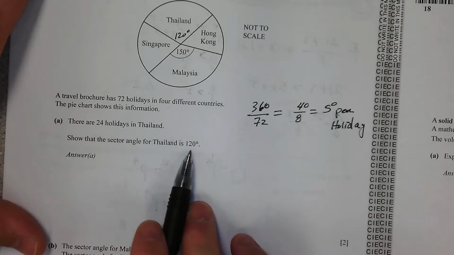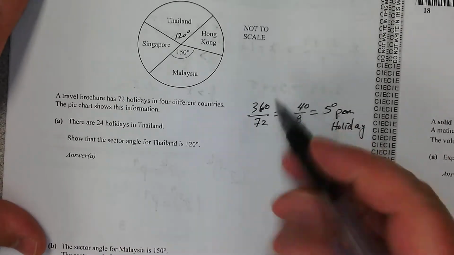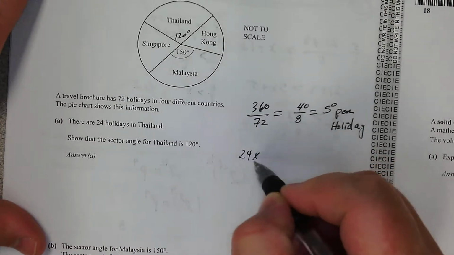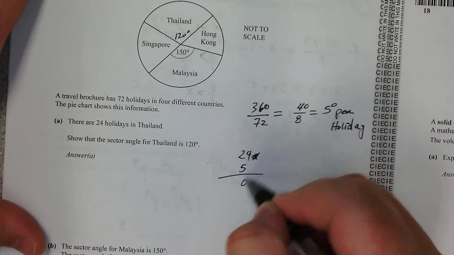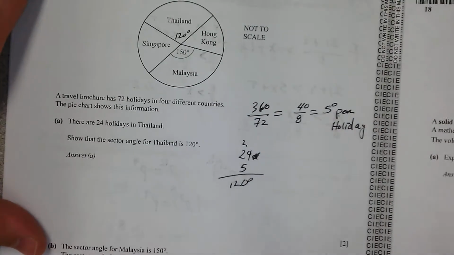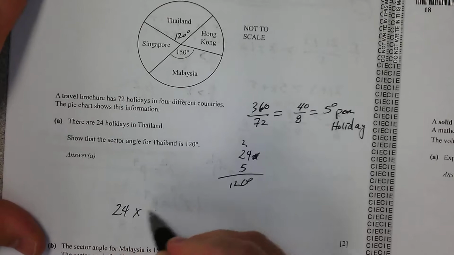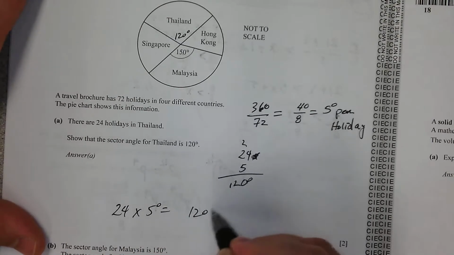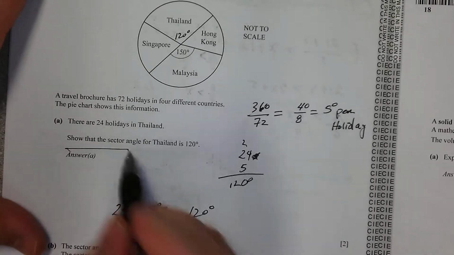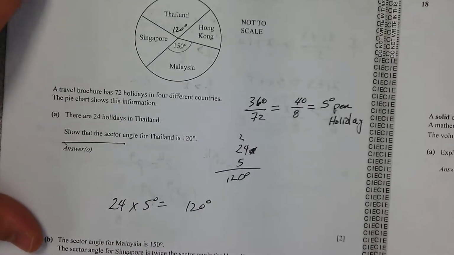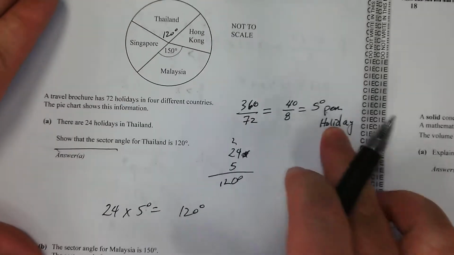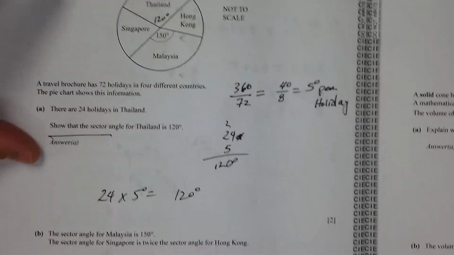So if there's 24 holidays, 24 times 5 is 120. So 24 holidays times 5 degrees equals 120 degrees. It says show that, so I think that's what it wants us to do. It wants us to find how many degrees per holiday, and then multiply that by 24, that's how many Thailand has.